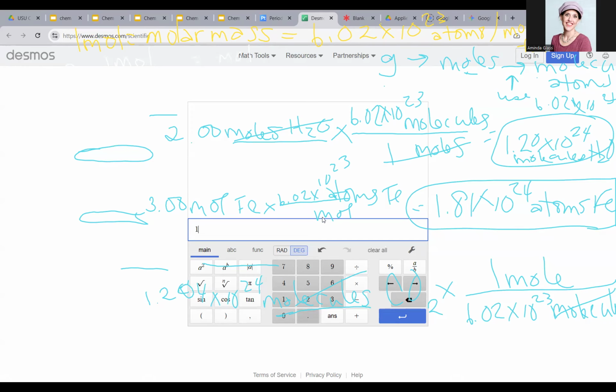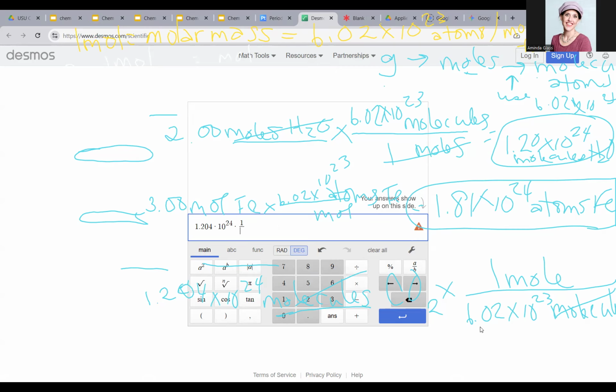So here I have 1.204 times 10 to the 24th, times 1 divided by, and this is a good calculator, desmos.com/scientific, so this way you can see what is happening on the screen.